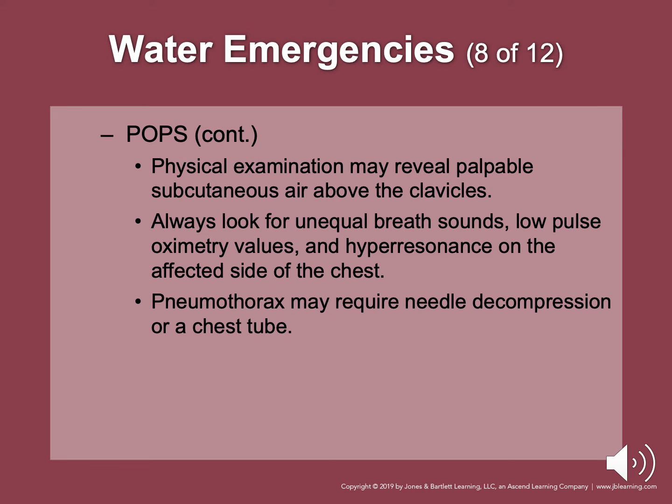Signs and symptoms depend partly on where the escaping air ends up. A physical examination may reveal palpable subcutaneous air above the clavicles. Always look for unequal breath sounds, low pulse oximetry values, and hyperresonance on the affected side of the chest. An air embolism is bubbles of air in the blood vessels.